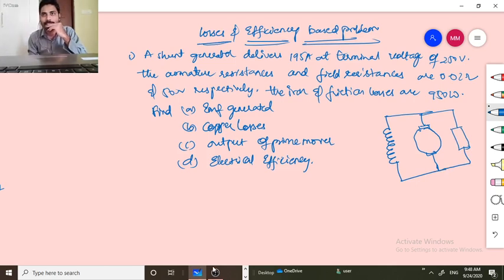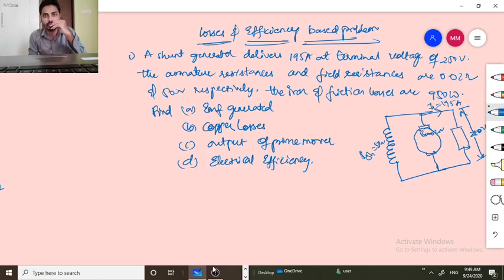This shunt generator is delivering a line load current of 195 amperes at a terminal voltage of 250 volts. Armature resistance is given as 0.02 ohms, and field resistance RSH is given as 50 ohms, and iron and friction losses we cannot indicate here.